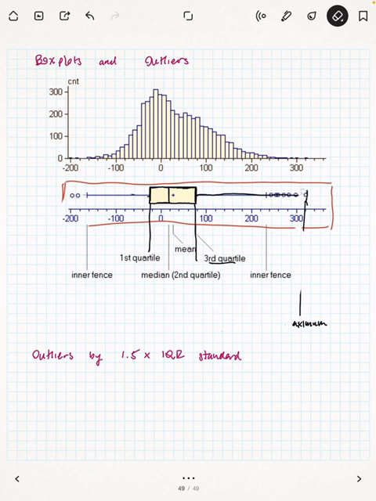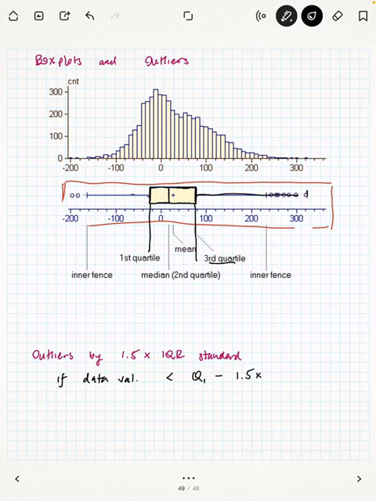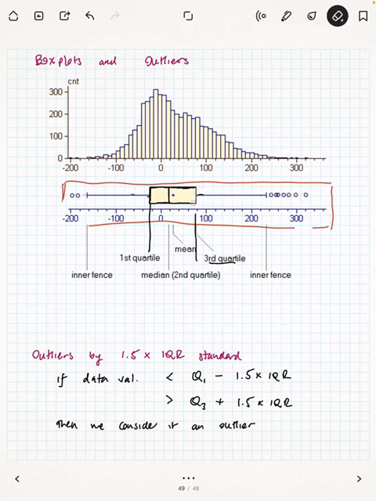And so our standard is if your data value is either less than your first quartile minus 1.5 times the IQR, or greater than Q3 plus 1.5 times the IQR, then we consider it an outlier by this standard. So these dots here that you're seeing represented, those are outliers according to this standard.